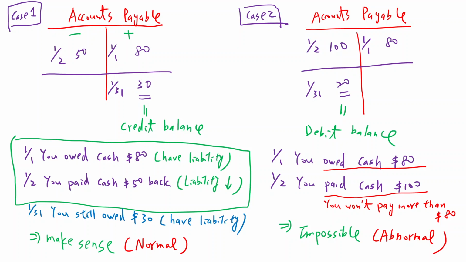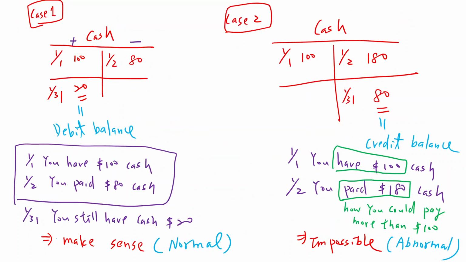Credit balance. So is it debit or credit? No. So what's the rule? Did you find out? Usually, in the normal situation, the balance should appear on the increase side. Did you find out? Debit balance for cash, increase side.